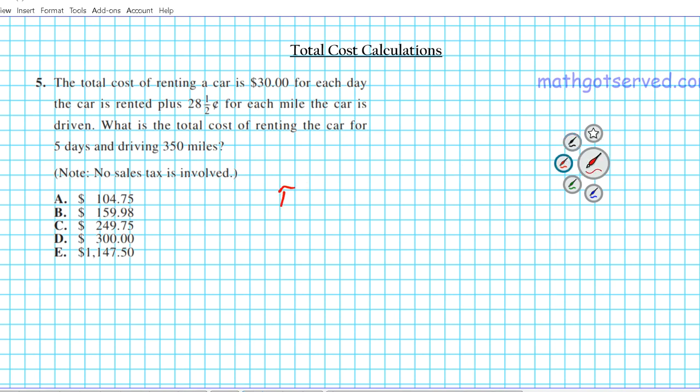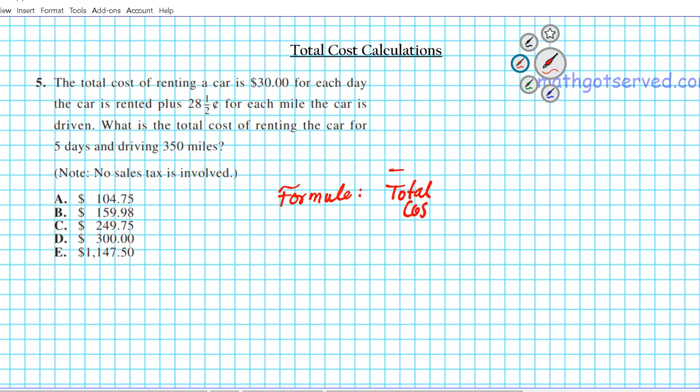So the formula is as follows. The total cost is equal to the unit cost of the item multiplied by the quantity.